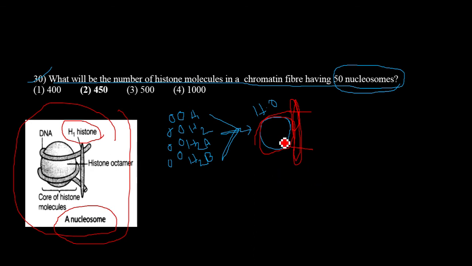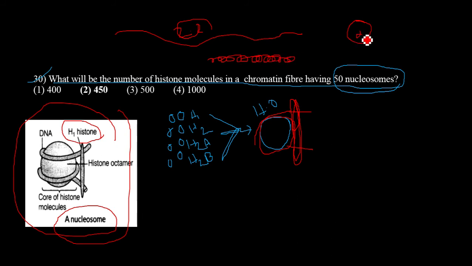Because what is the use for this? See, if you observe, 2.2 meters of DNA is present in every cell, but the cell nucleus is very small. This 2.2 meters of DNA cannot be inserted in a very small cell, hence this DNA is wrapped around the histone octamers and forms nucleosomes, then it is inserted within the nucleus.